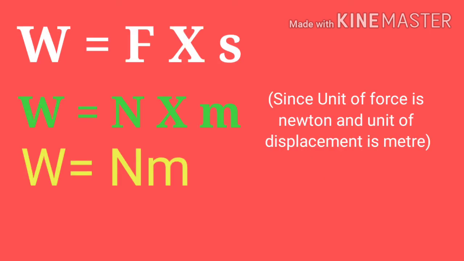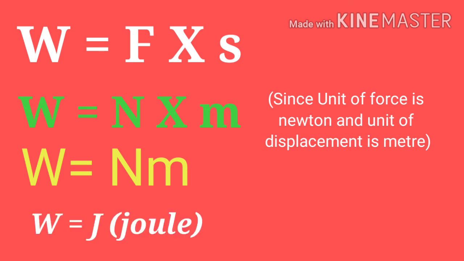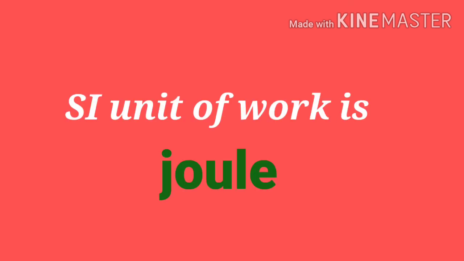Since the unit of force is Newton and the unit of displacement is meter, the unit of work is Newton meter, or you can say 1 Newton meter is also called a joule. So its symbol is J. So the SI unit of work is joule.